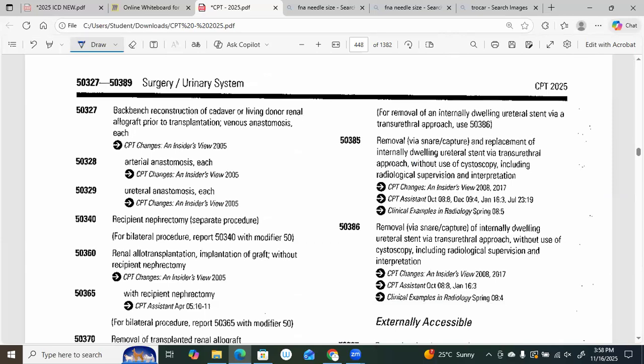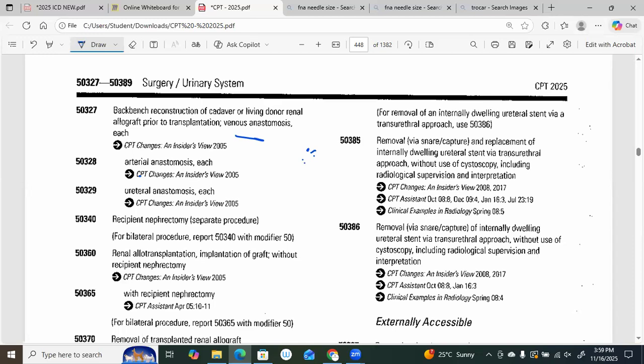Next, we have backbench reconstruction of the cadaver living donor. So we are preparing the allograft prior to the transplantation, where we are doing the venous anastomosis or the arterial anastomosis. Venous anastomosis means both veins have been anastomosed with each other.